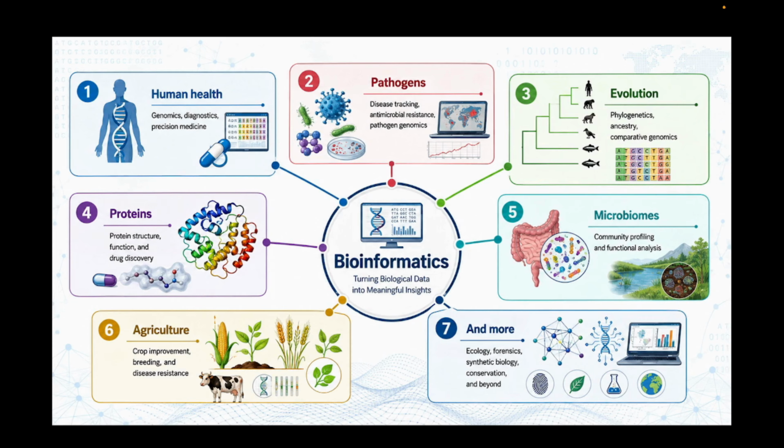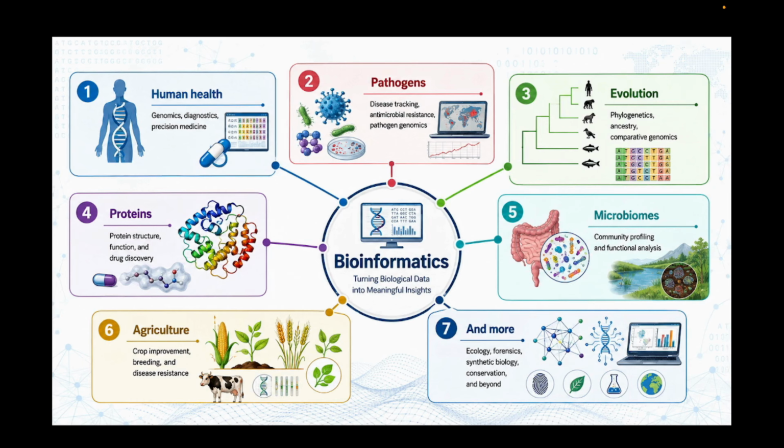In evolutionary biology, genomic data allows us to reconstruct relationships between organisms and populations and investigate how species have changed over time. In protein science, computational approaches can help us analyze protein sequences, predict structures, and investigate the effects of mutations or variants.